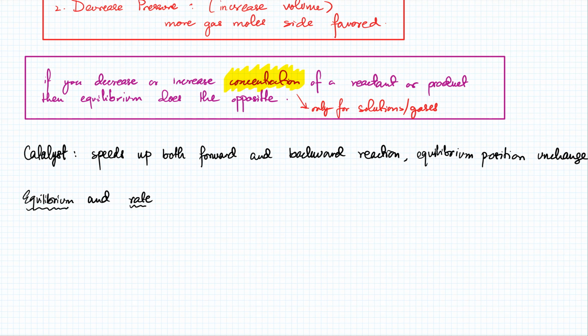They are completely separate. So equilibrium should not be confused with rate. Rate is about the speed of reaction. Equilibrium is about the relative speed of forward and backward reaction.